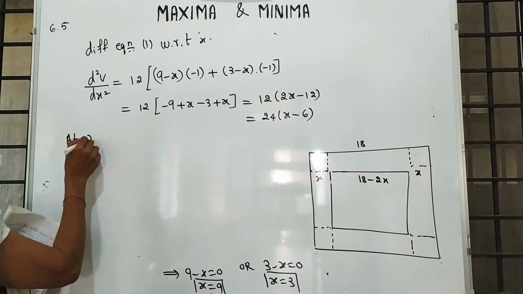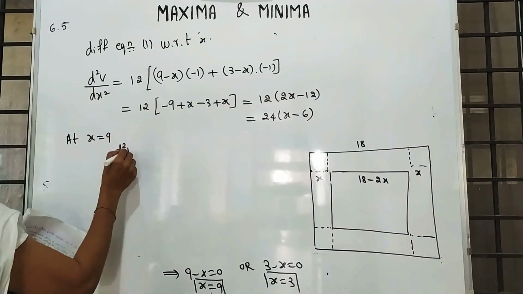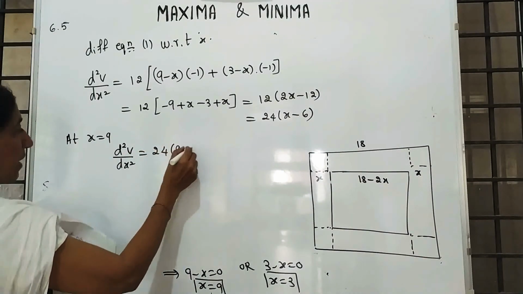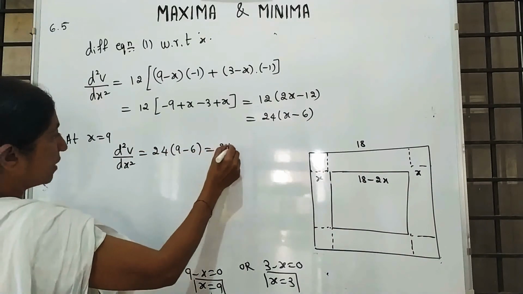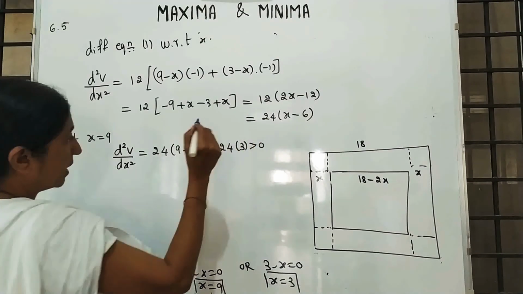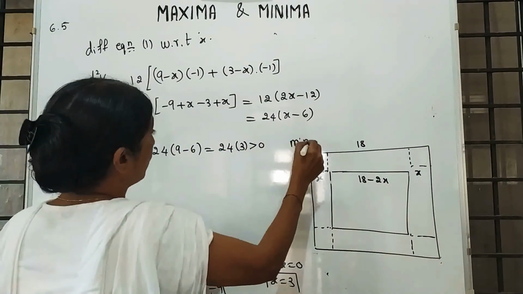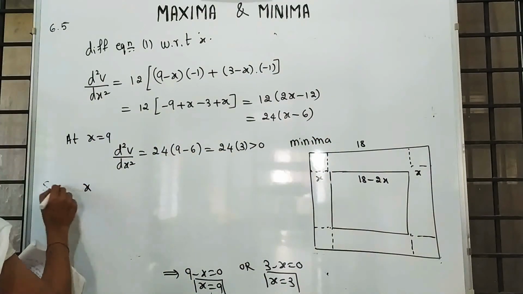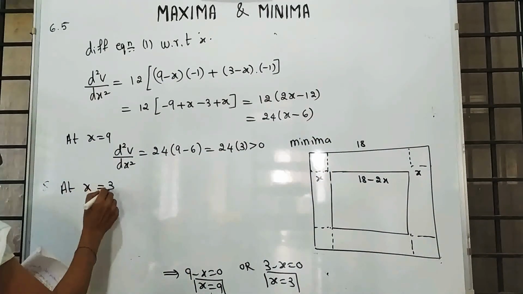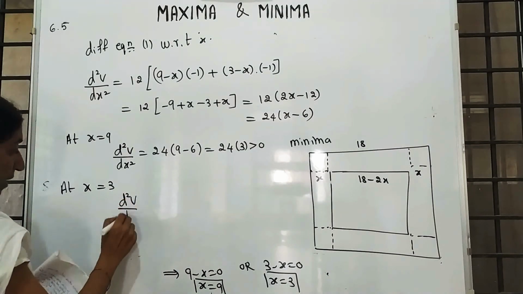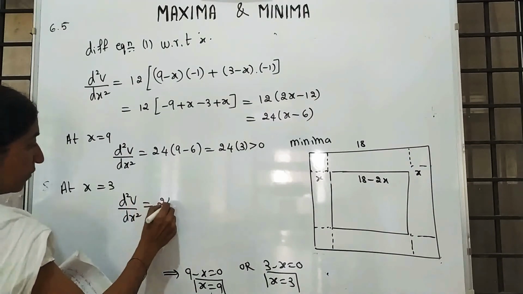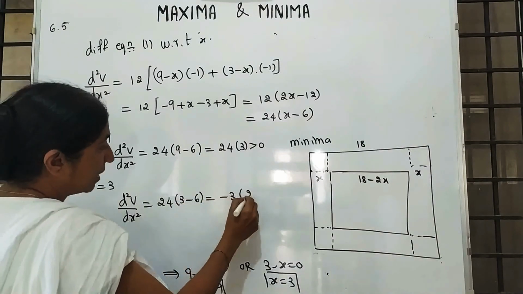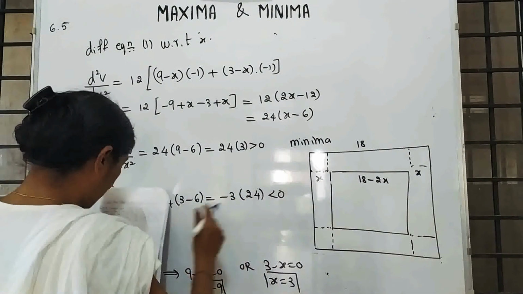At x is equal to 9, the second derivative will be what? 24 into 9 minus 6, that is 24 into 3, greater than 0 means minima, but we require maximum volume. So it is not possible. Next, take x is equal to 3. See the second derivative, it is 24 into 3 minus 6. That is minus 3 into 24, less than 0.